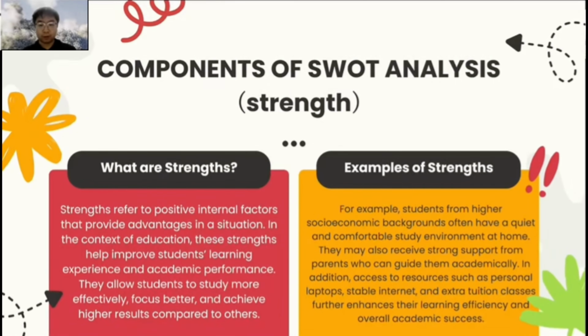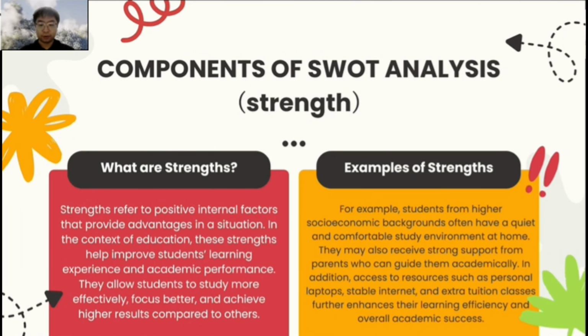Hi, I will present the components of SWOT analysis, focused on strengths and weaknesses for our topic. First, let us talk about the strengths. One strength of this topic is that it is meaningful and easy to understand. Socioeconomic status clearly affects access to education in real life. It is not only theory, but something we can see in society every day.